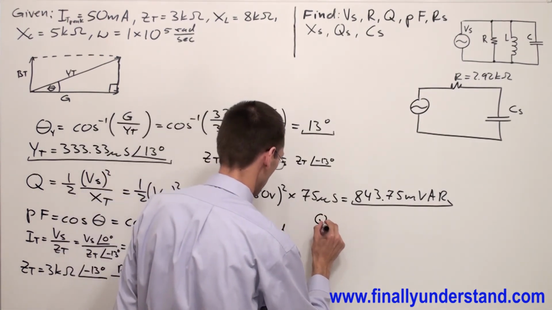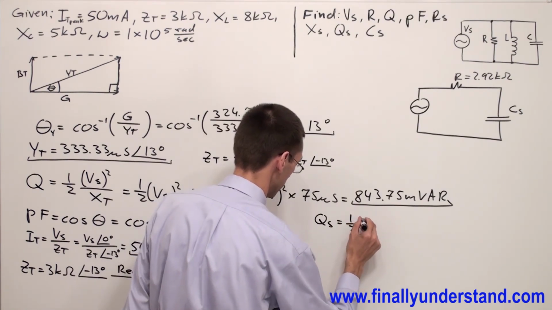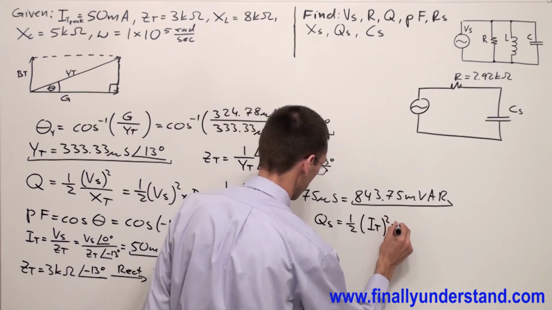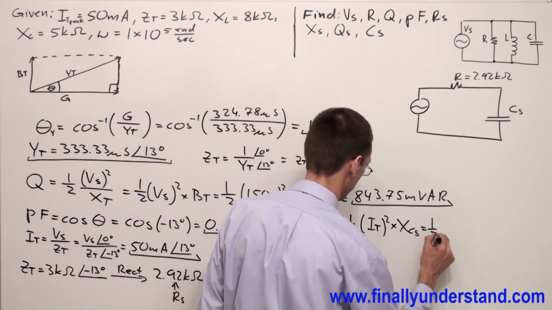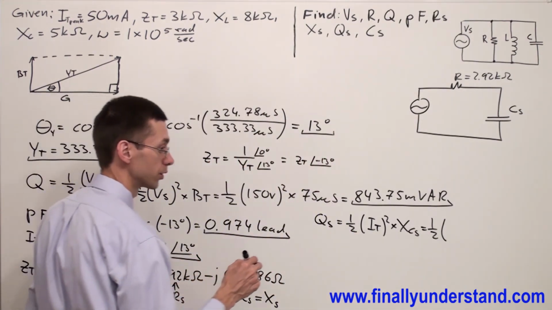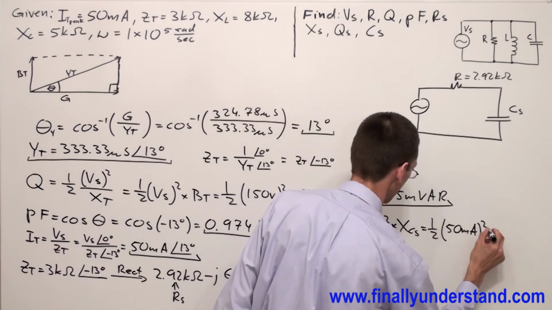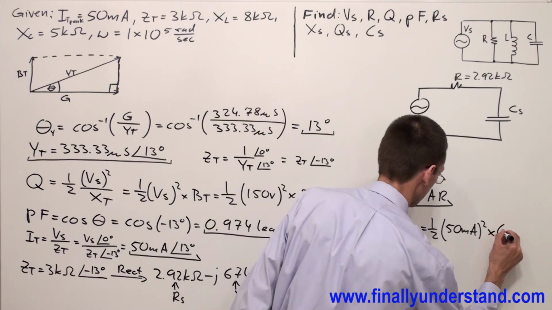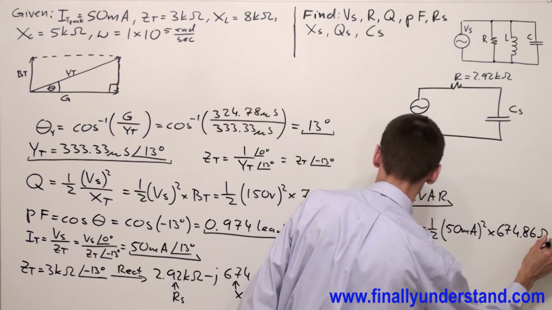So I have Qs equal to 1/2, and I'm going to use I total squared times X of Cs. So I have 1/2 times I total, which is 50 milliamps, raised to the second power, times X of Cs, 674.86 ohms.